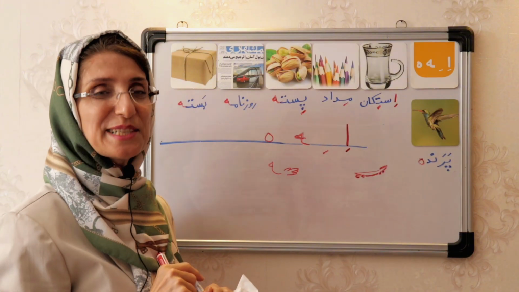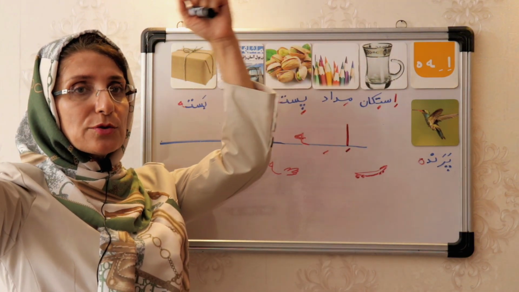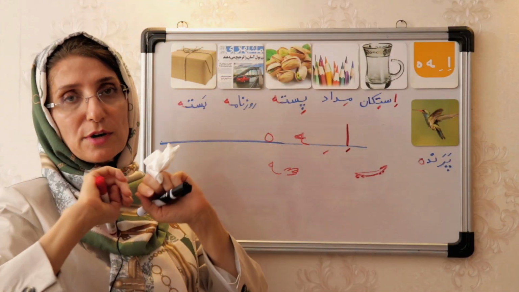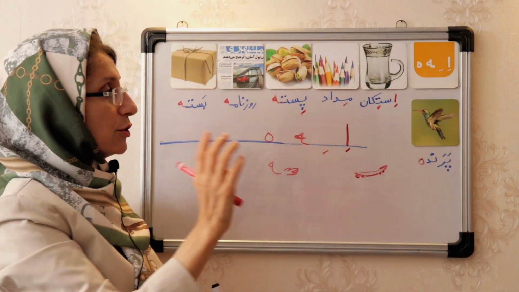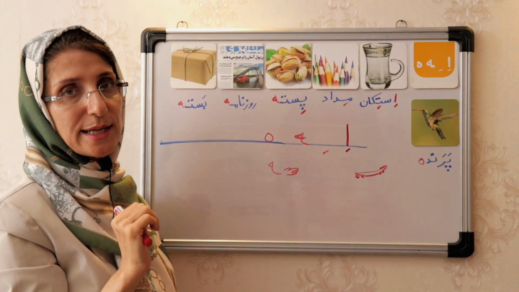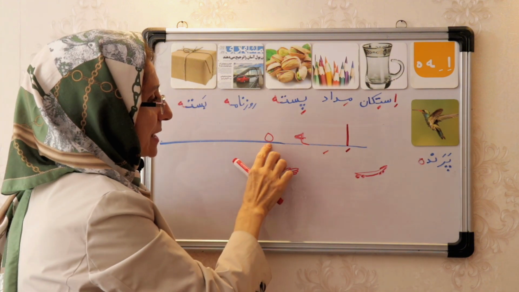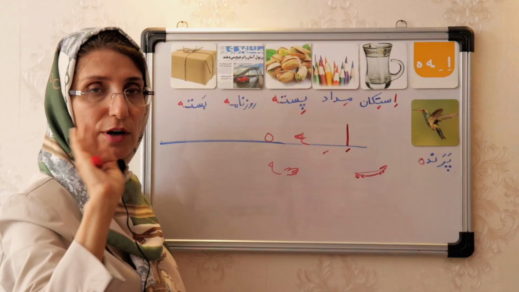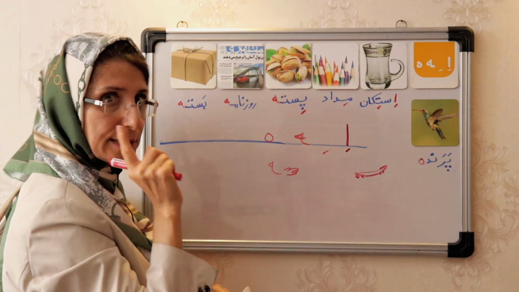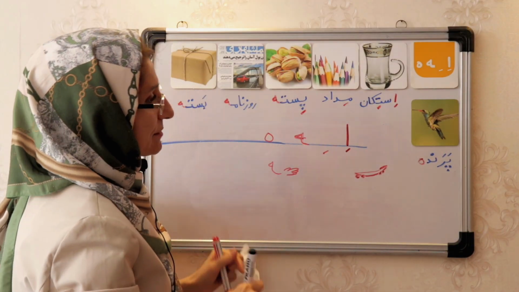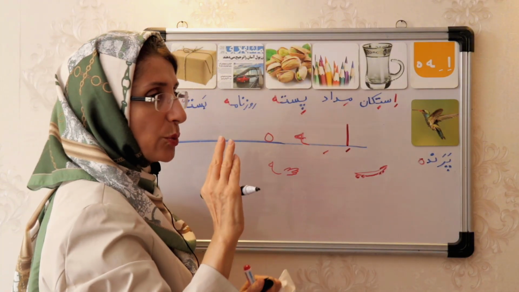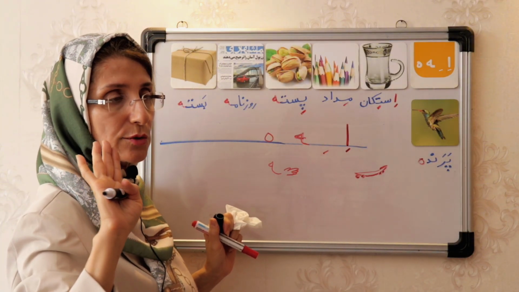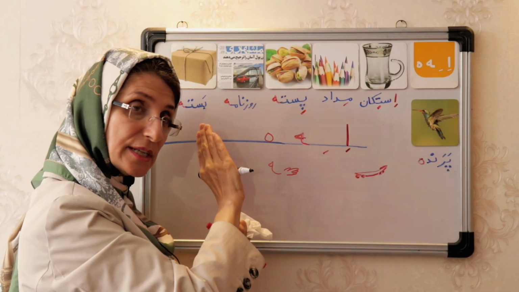He or she is alone because it never takes the hands of other sounds and his hand is above its head. This A never takes the hand of other sounds, so this A exclusively comes after the sounds which are alone also, and they don't take the hand of the next sound.